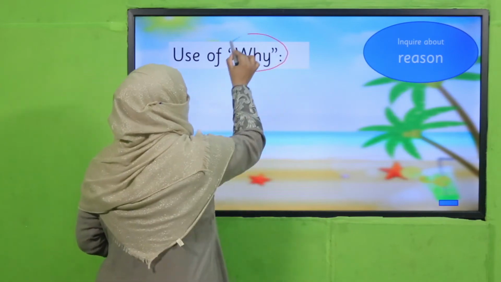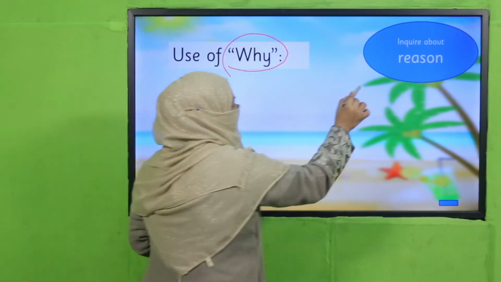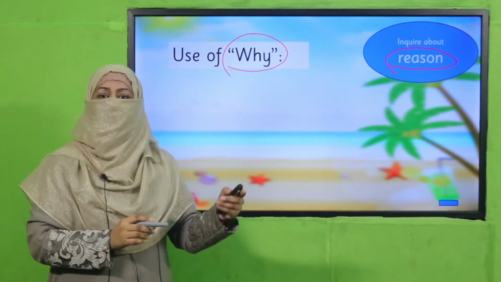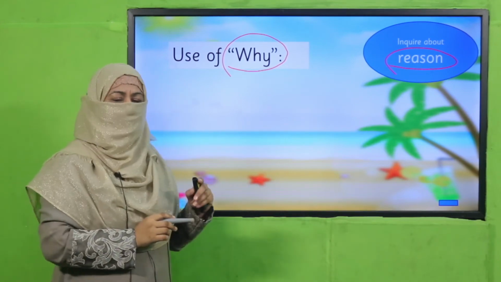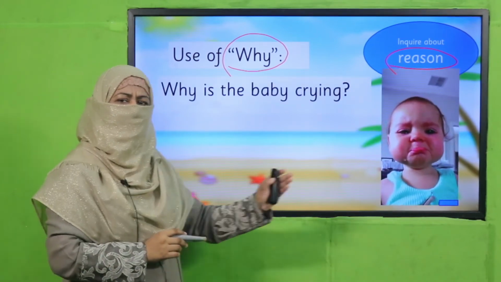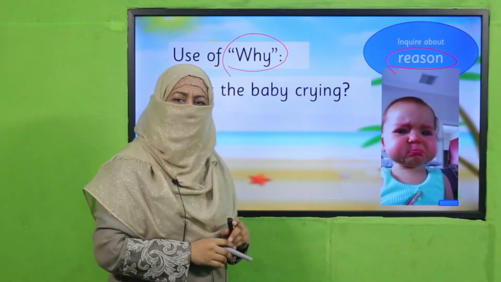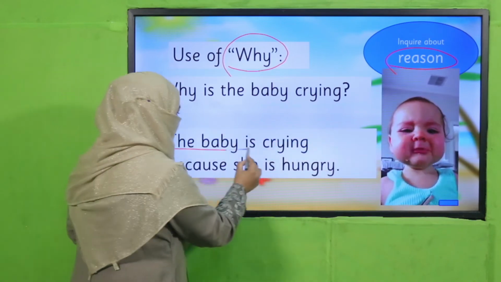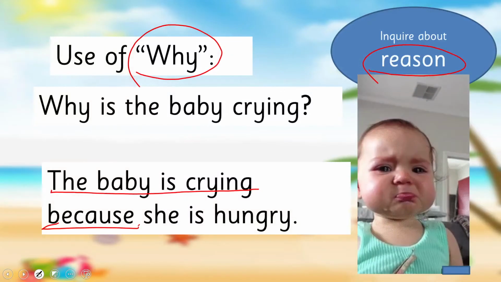Why? When why is used, it means you are being asked about a reason, and you have to tell the reason. So the question is, why is the baby crying? Look at this cute baby. Why is she crying? Now, what is the reason? The baby is crying because she is hungry.